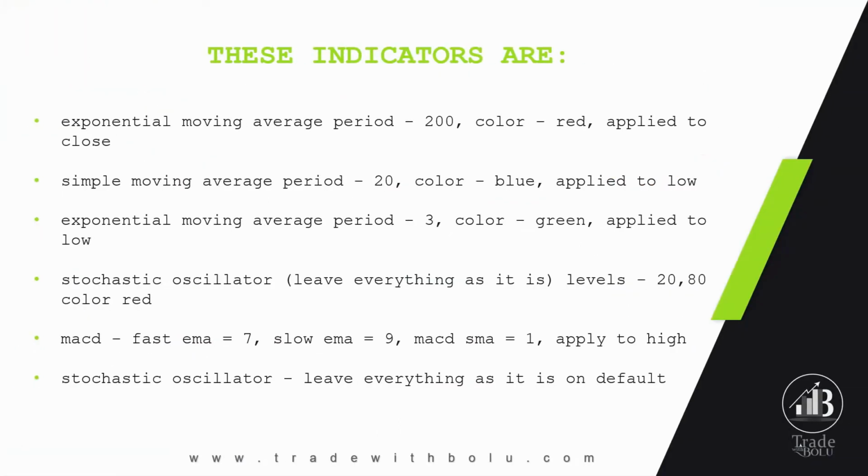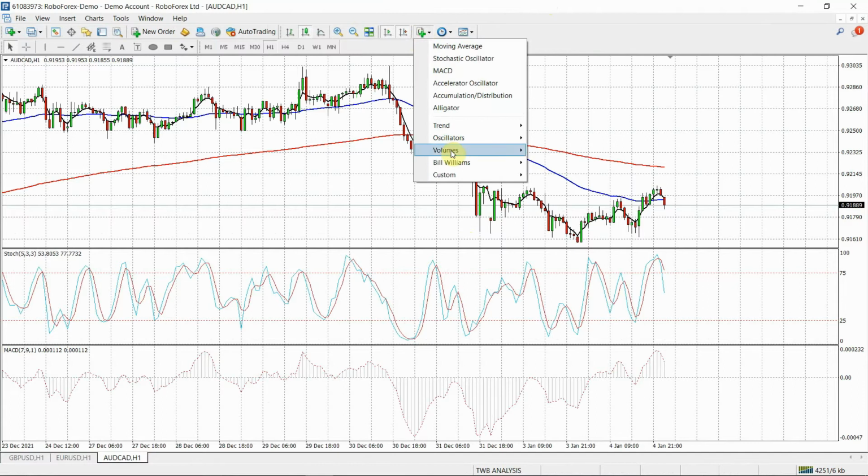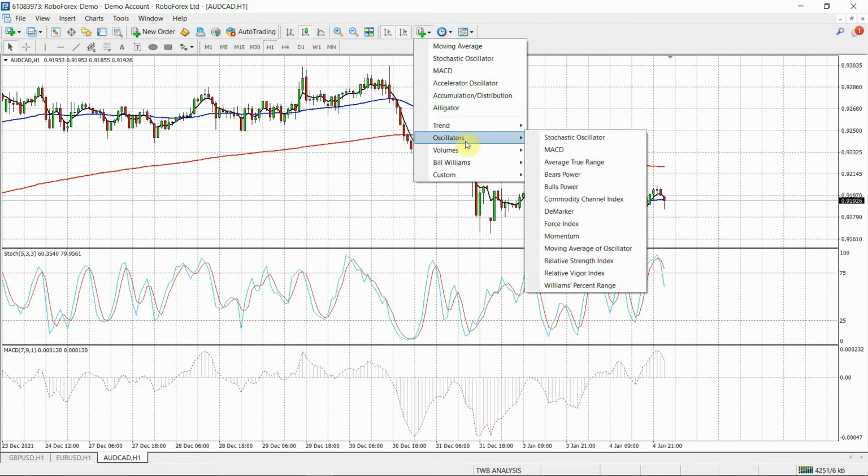where the periods are as indicated in the slides here. And then we have the MACD. This is the MACD indicator window, and this is how you activate this indicator. Simply open the indicator well tab, and then you have MACD up here. Or you could come to oscillators and you have it there as MACD.